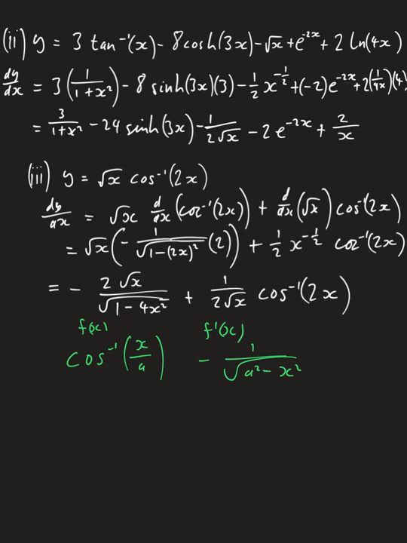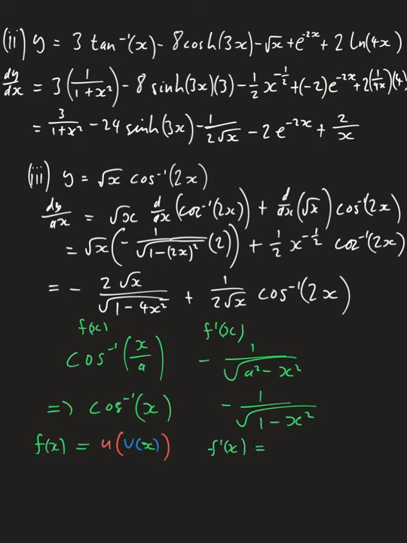That's the thing that's in the book, right? So in my case, I can get from that the derivative of inverse cosine of x, if I let a equal to 1, is minus 1 over the square root of 1 minus x squared. Then I applied the chain rule, which says that if f of x is equal to u of v of x, then f prime of x is equal to du dv times dv dx.